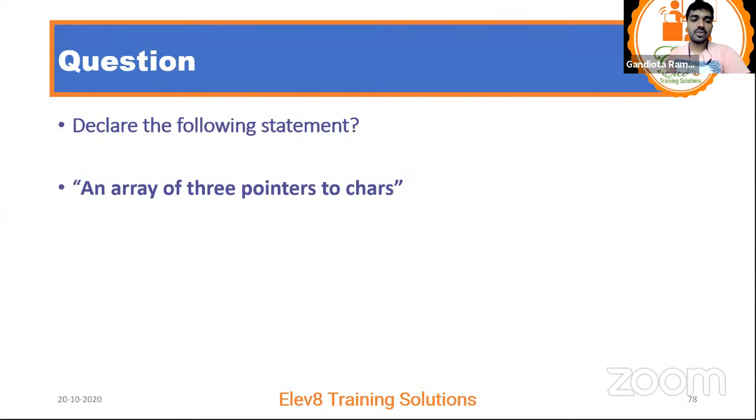Right, so how can I declare an array of 3 pointers to characters? 3 pointers to characters.